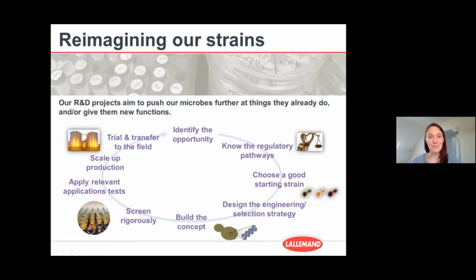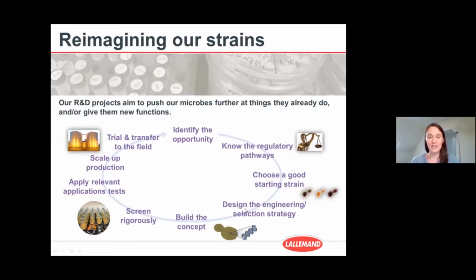Those lab strains that lend themselves so well to classical yeast genetics in so many academic labs are so valuable in some ways, but they may not be the best starting point for certain industrial applications. There may be industrial strains that are much better suited to surviving and performing well under very stressful industrial conditions. So it's important to consider what host organism you're going to choose as your starting point.